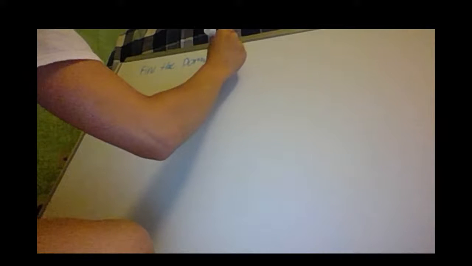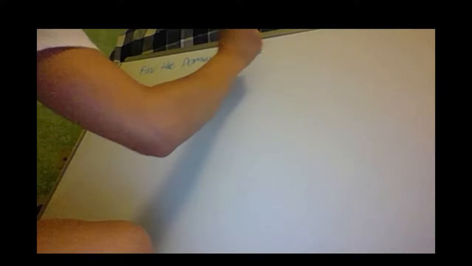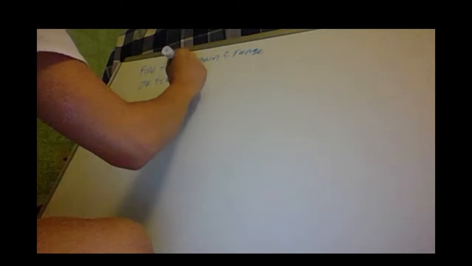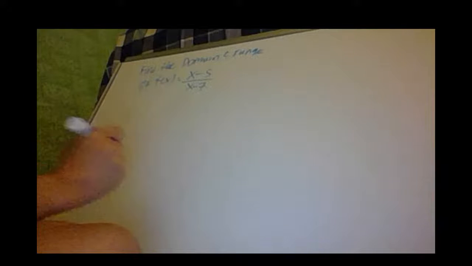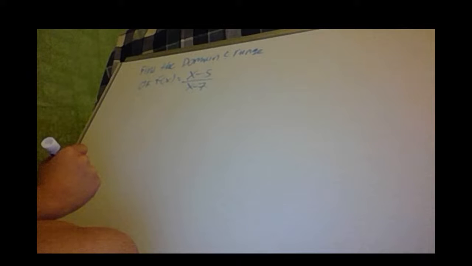We're going to do a much easier one this time. Find the domain and range of f of x equals x minus 5 over x minus 7.